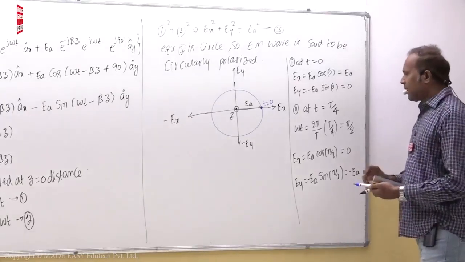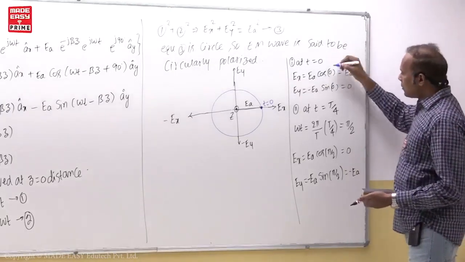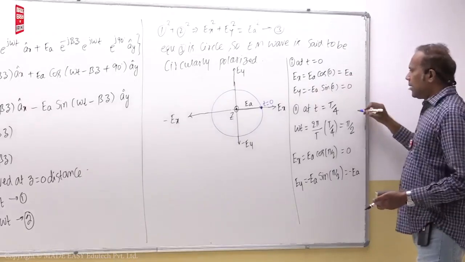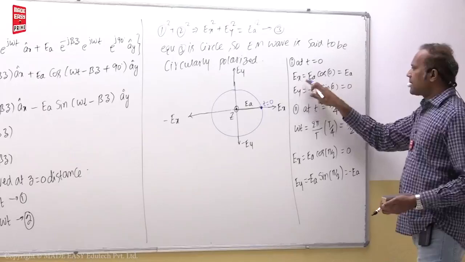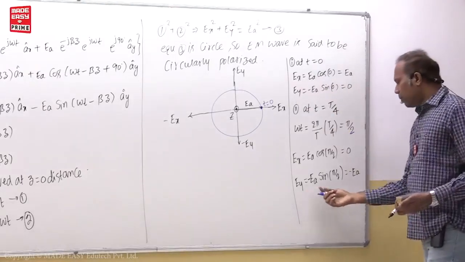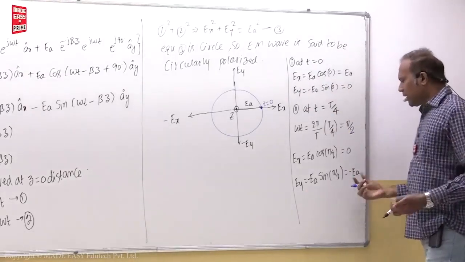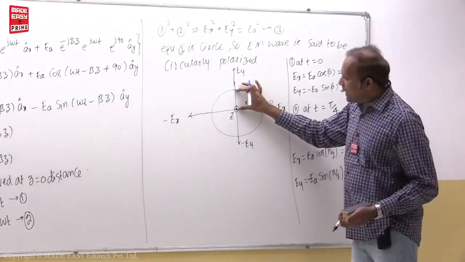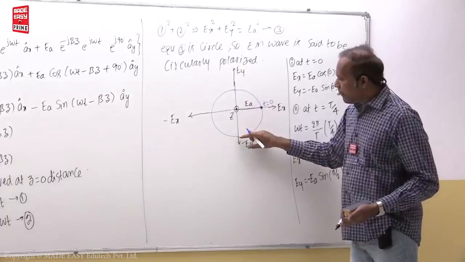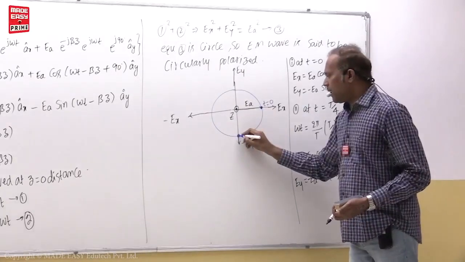That means when time is increased from 0 to T by 4, the electric field tip was on the x-axis. Now the electric field tip moved onto the minus y-axis. Ey is minus Ea means downside. This is plus Ea for Ey. This is minus Ea on Ey. So the tip came here.